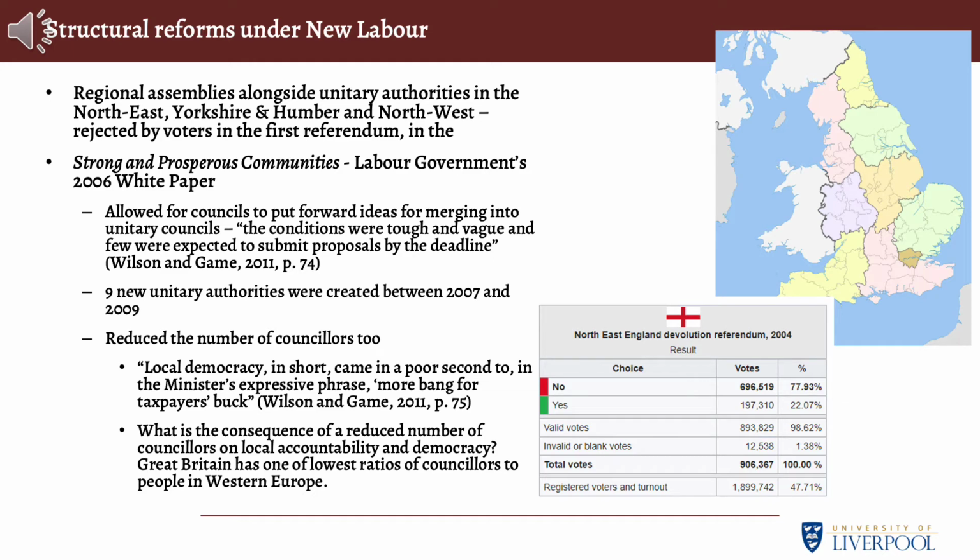So no region would be allowed more than one sub-tier unit of local government, to avoid accusations of increasing bureaucracy. Now, these plans were shelved after the 2004 referendum in the northeast of England on a northeast regional assembly. After that was defeated massively, as shown in the table on the slide.